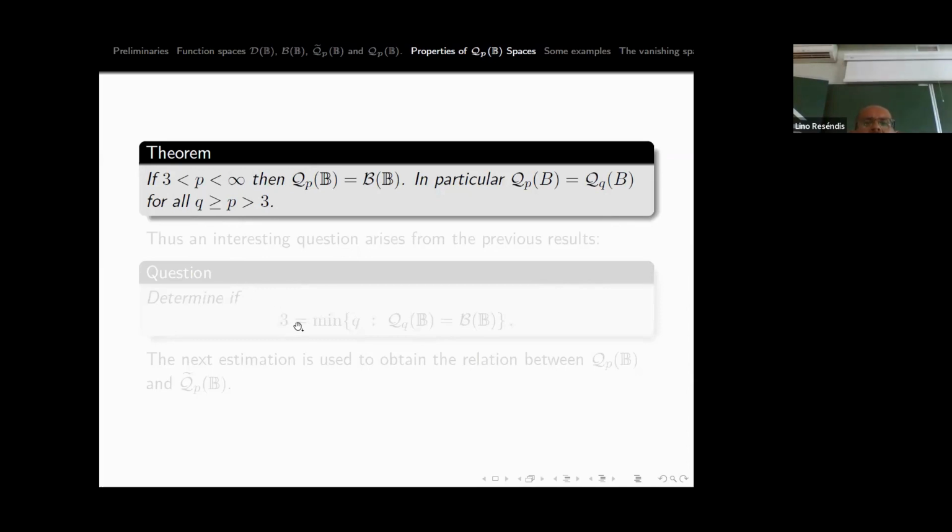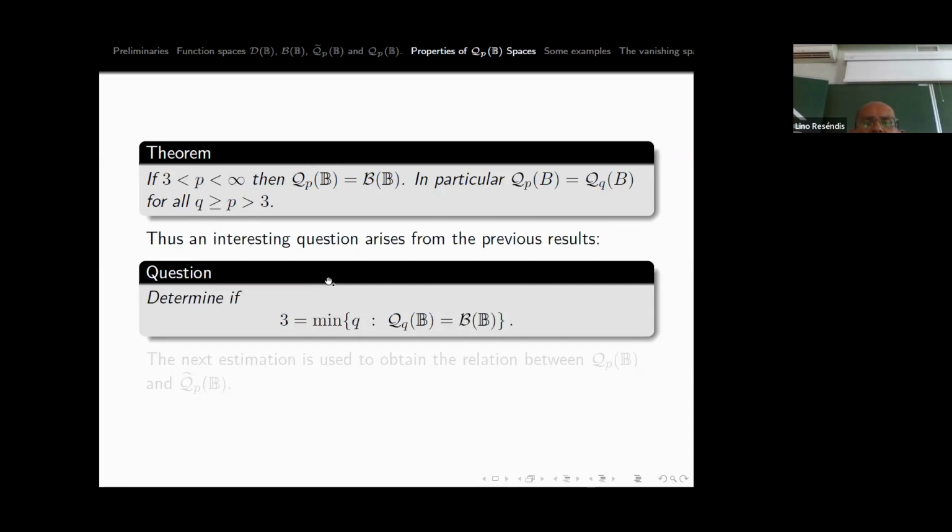Okay, then we have the following question. We don't know if 3 is the minimum value of Q such that the Q space is equal to the Bloch space. Okay, we don't know. Maybe 2.5 is the minimum, or maybe, I don't know. But we don't know the answer to this question.